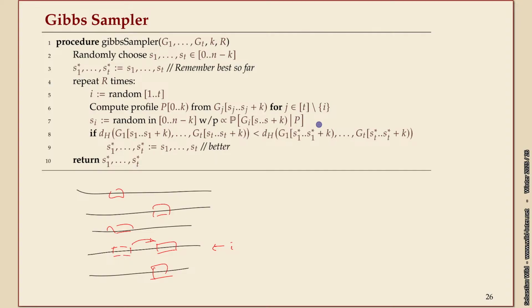Now we're saying, let's do a random choice, and the probability for picking each position is the likelihood under the current profile. So that means it can also go back to worse solutions with a certain probability. And that's why it's not always terminating, but then it also has the chance to escape local optima.